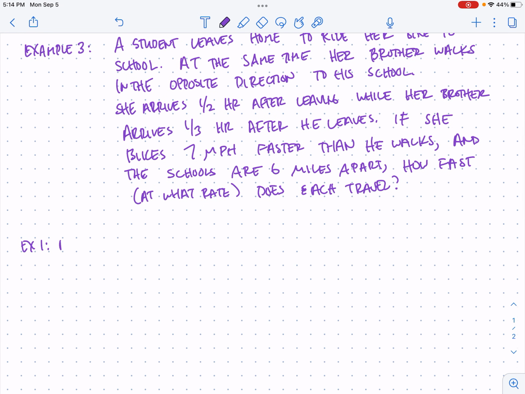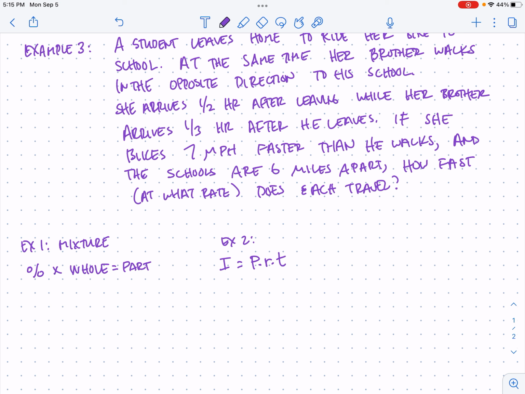And in a mixture problem, you're using the fact that the percent times the whole amount gives you the part. So we can see some multiplication in that formula. Example 2 is an interest rate problem. And in there, we know that our interest is equal to our principal times our rate times time. So again, we see some multiplication going on in there.